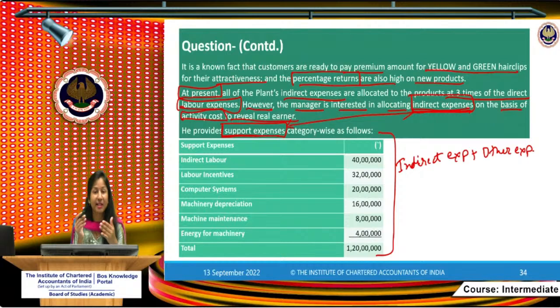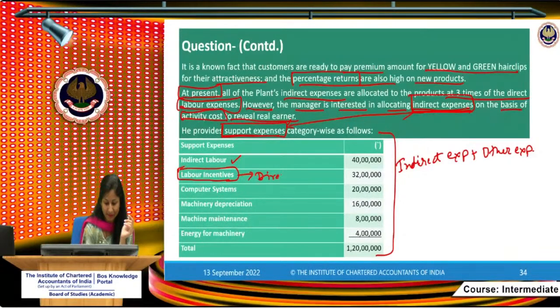Now, what are the expenses we have here? Indirect labor, labor incentive. Is it clear from this line whether this is for direct labor or indirect labor? No, nothing is clear. This is for both, direct plus indirect.